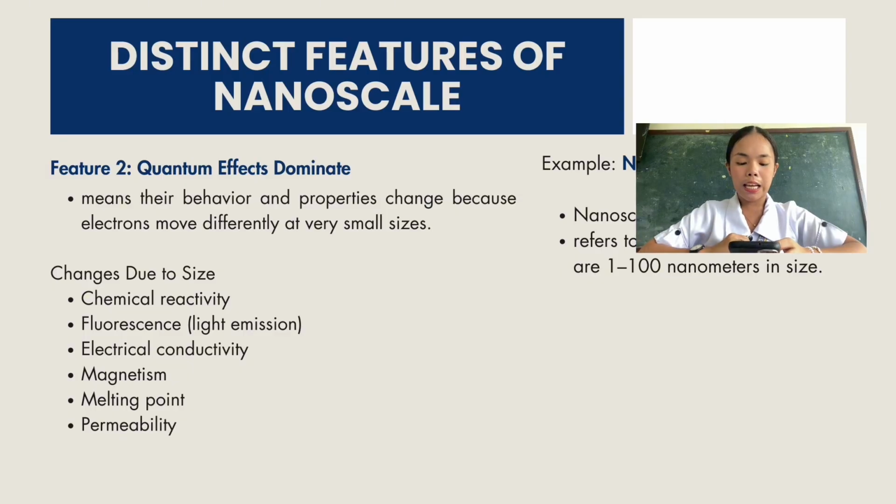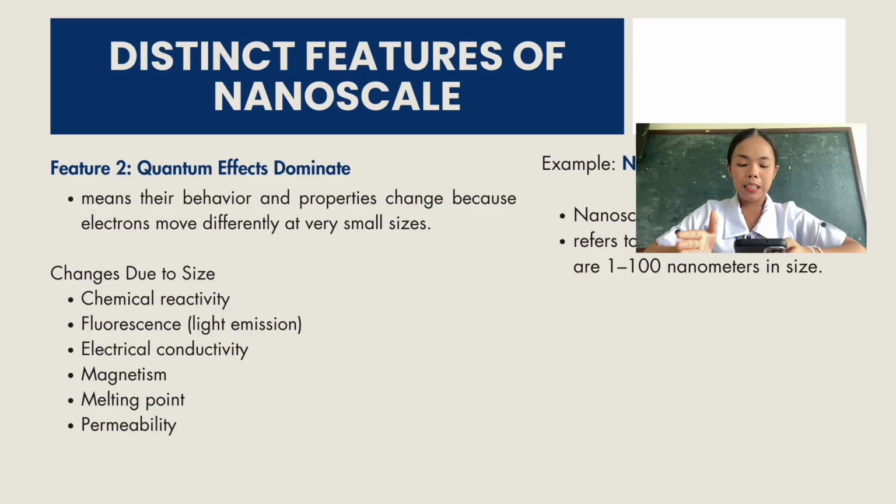Gold particles are so small that they interact with light differently. This causes gold to appear red, purple, or even blue instead of yellow. These color changes are one of the most famous examples of the quantum effects of nanotechnology.